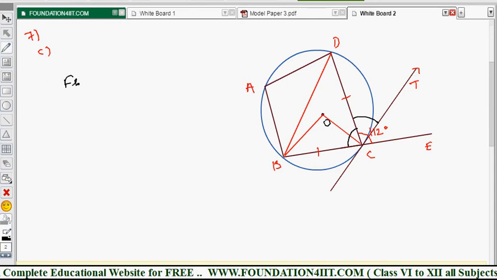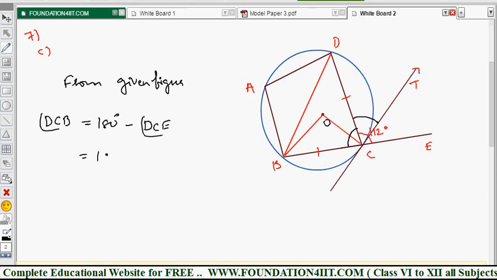From the given diagram, we can write angle DCB is equal to 180 degrees minus 112. So 112 is angle DCE, because the straight line angle is 180 degrees, and 180 minus 112 is 68 degrees.